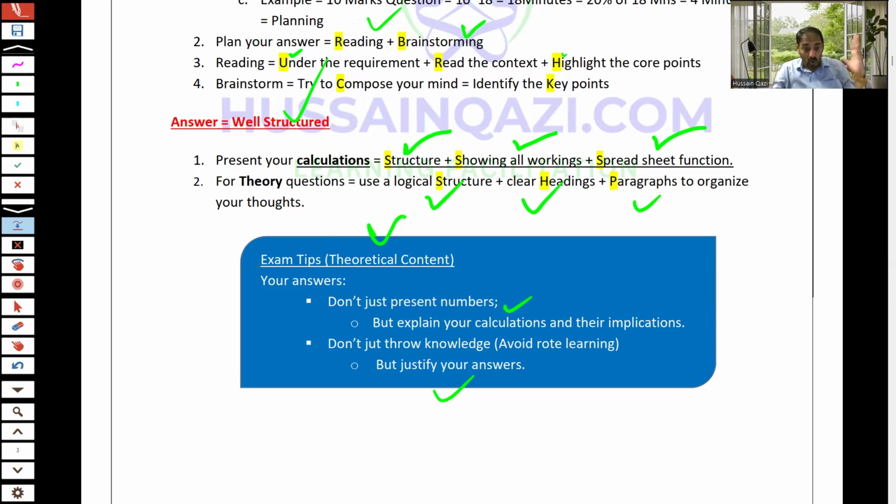Avoid quantity, focus on quality. Take the last 4 to 5 semester exam questions and practise in this manner, irrespective of whether the answer becomes right or wrong. May Allah support you to qualify your exam, inshallah ta'ala.